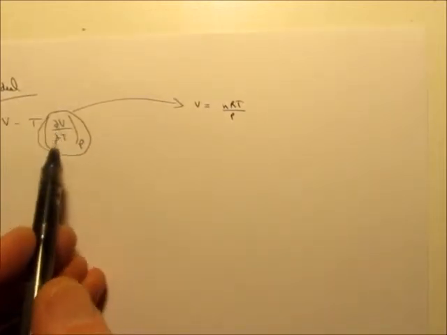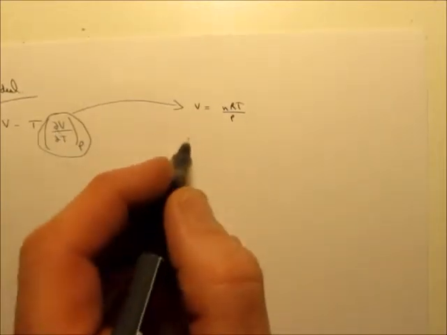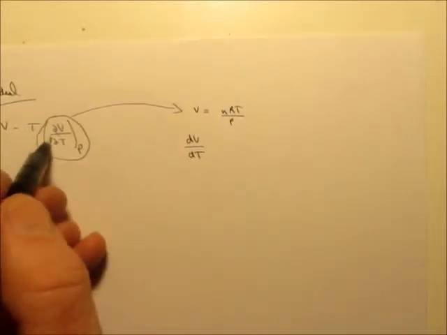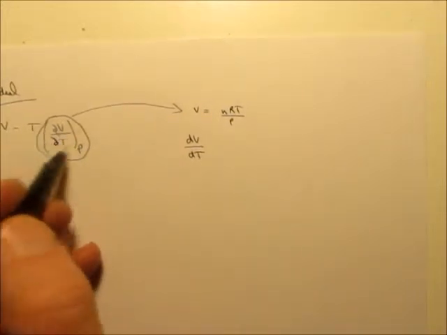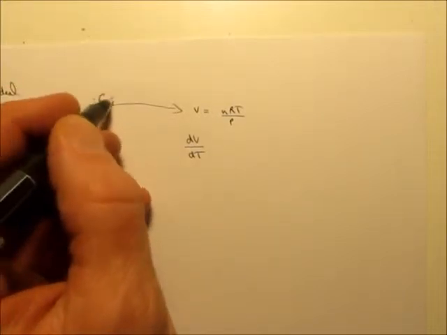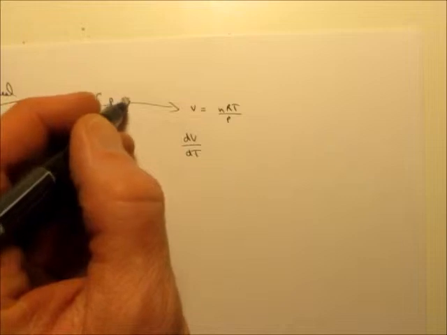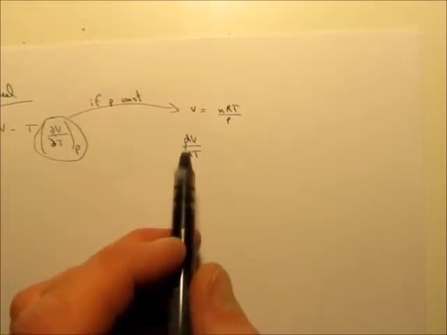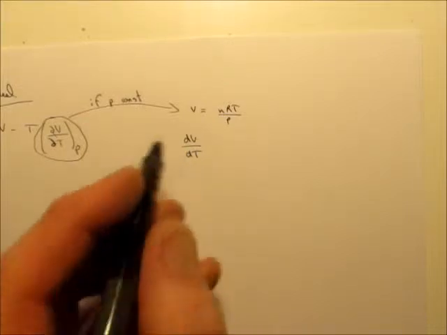So now this says take the derivative with respect to T. So if I go dV dT, you can get rid of this partial differential, which looks ugly to us, if we just say if P is constant. So I write it in words, and we can just write normal derivatives, the full derivative, dV dT.